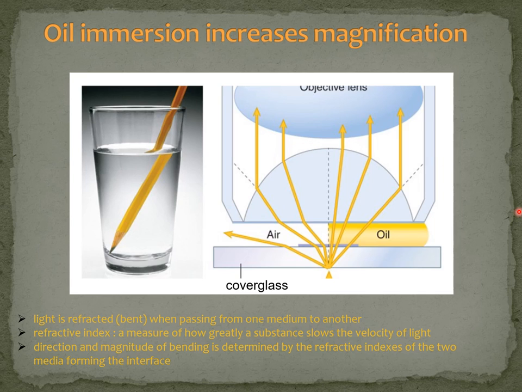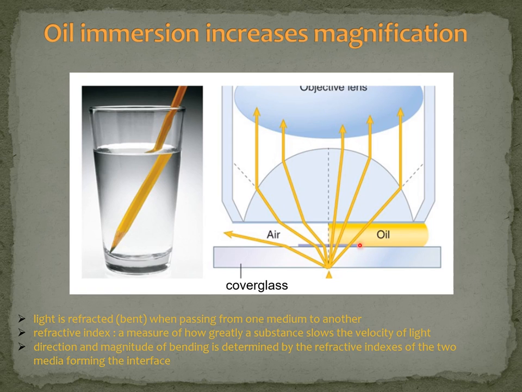So ideally, we wouldn't have the difference in these media. Light would ideally pass through all these media with the same refractive index, let us say. And one way to solve this problem is, instead of having air between our cover slip, our sample, and the objective lens of the microscope, we can use an oil that has a refractive index similar to this glass and to this glass.